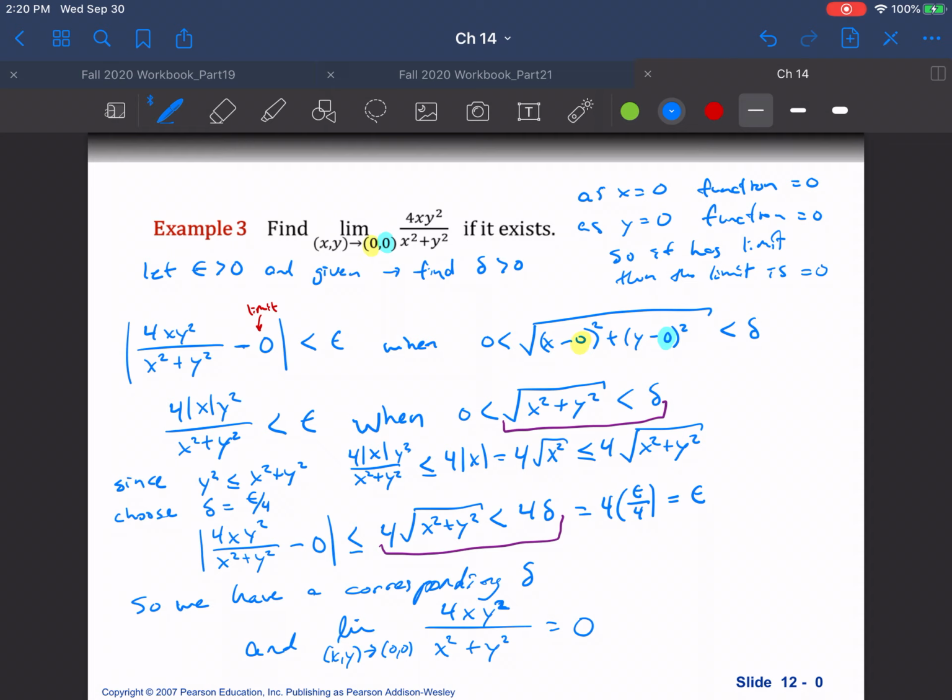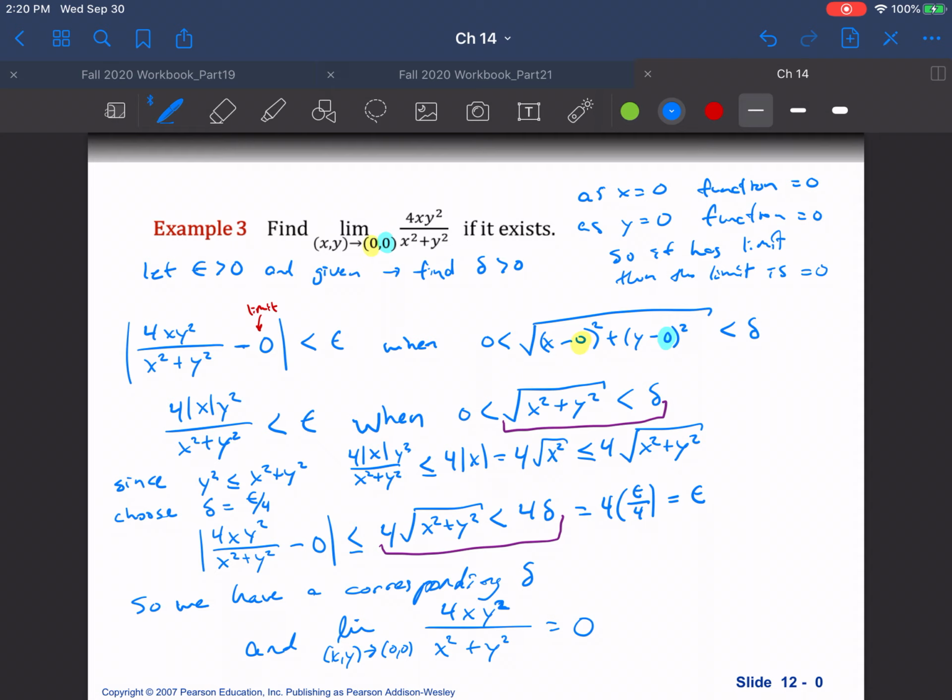So we start with our limit definition: 4xy squared over x squared plus y squared minus the limit. We said if the limit exists, it has to be 0. Well, that has to be less than epsilon whenever delta is greater than the square root of x minus x naught squared plus y minus y naught squared.